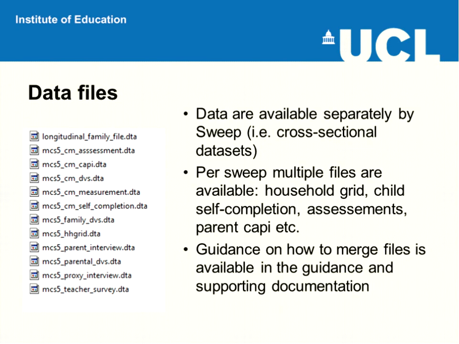As you can see, it's quite a long list. For example, you have the household grids, the parent completed measures, the child self-completed measures, the assessments, and there's also a teacher survey, which almost half the sample has. So just be mindful that each of these is a separate data file.